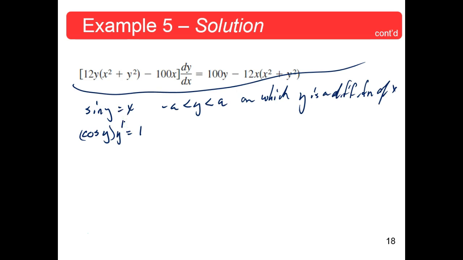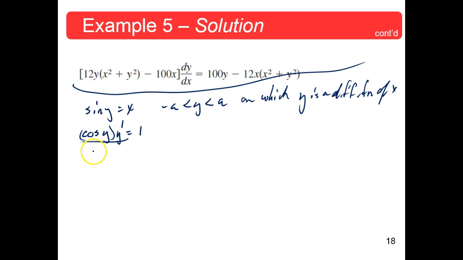See why? Implicitly, y isn't a function of x, so you have to chain rule, take it one more derivative. And now what does that give you? It said find dy dx implicitly. You're close, not quite there. So we need to divide the 1 by cosine.